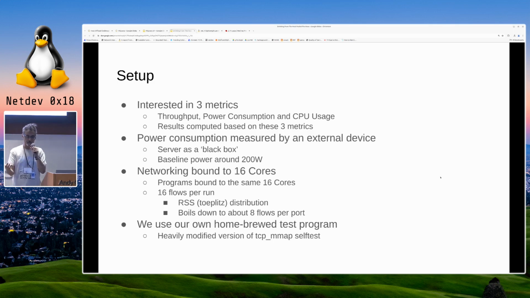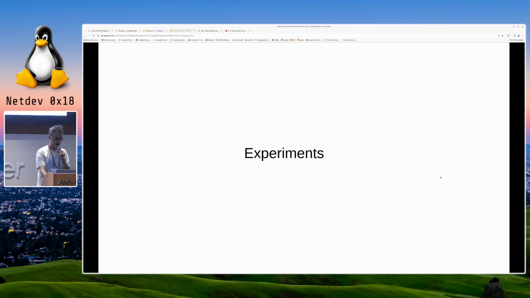So we measured everything, and then we computed a methodology which looked at everything and decided what we call an ROI based on my desire for throughput and how much CPU is consumed, which one performed better, right? So again, we bound to 16 cores, same thing already described, and we use our own homebrewed test program.